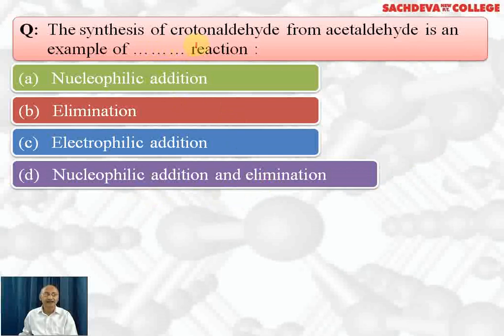That carbanion reacts with another acetaldehyde to form aldol or 3-hydroxybutanal. So this is a nucleophilic addition reaction and it undergoes elimination reaction, that is water is removed, resulting in the formation of alpha beta unsaturated aldehyde, popularly called crotonaldehyde. IUPAC name is butenal. D part is the correct answer.